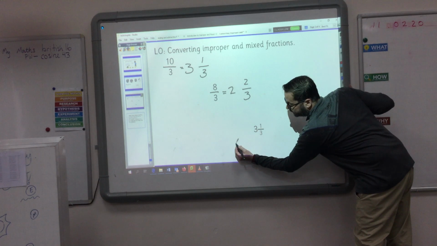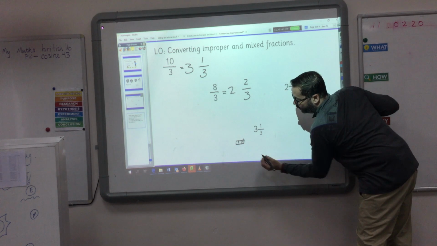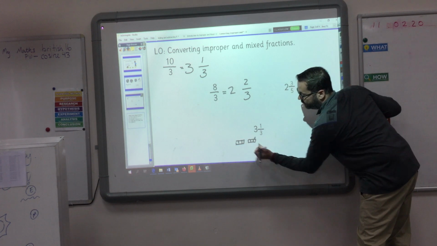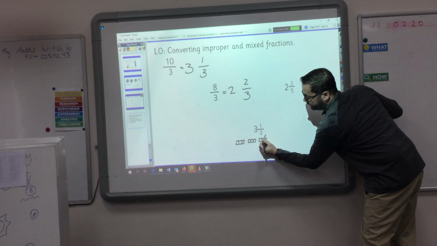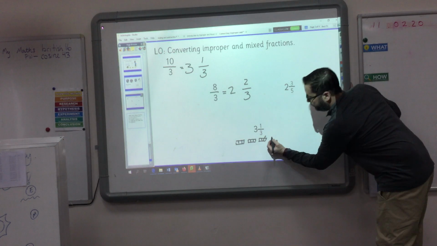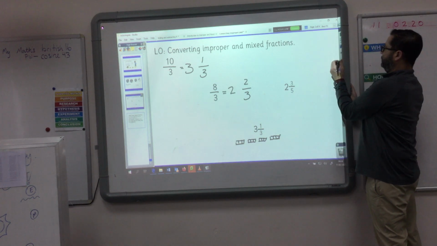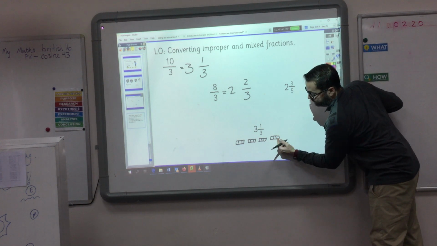So I know that there is 1/3, one set of 3 as a whole, 2 sets of 3 as a whole, and 3 sets of 3 as a whole. And there's another set of 3, but there's only one that's part of that fraction.